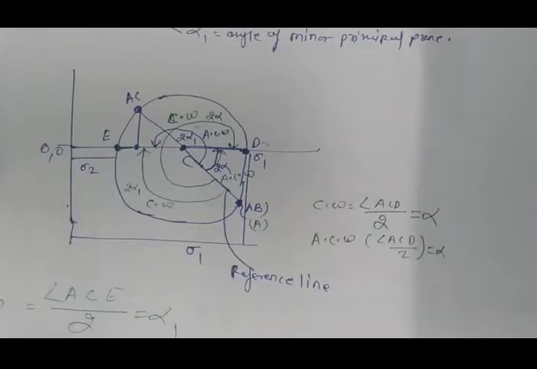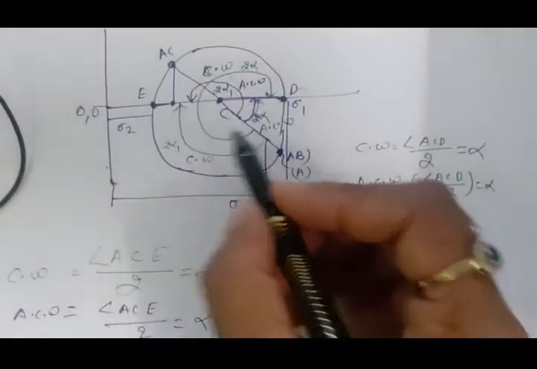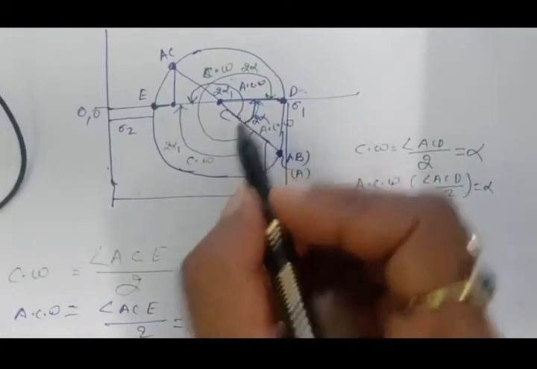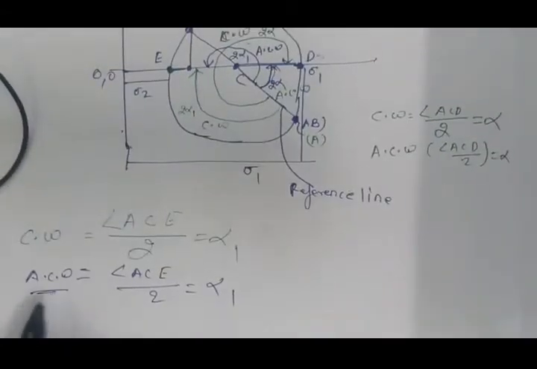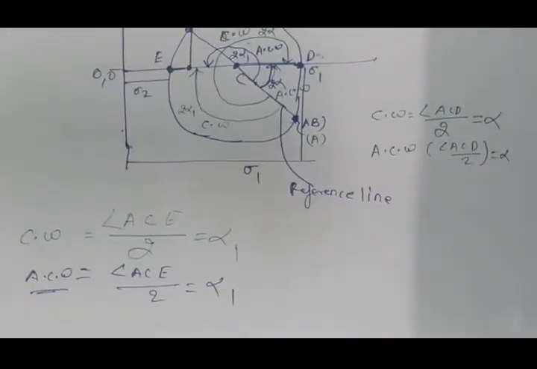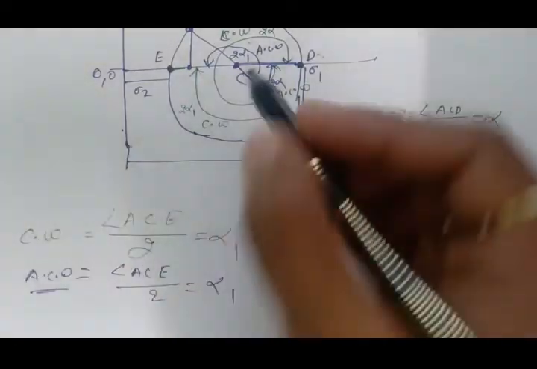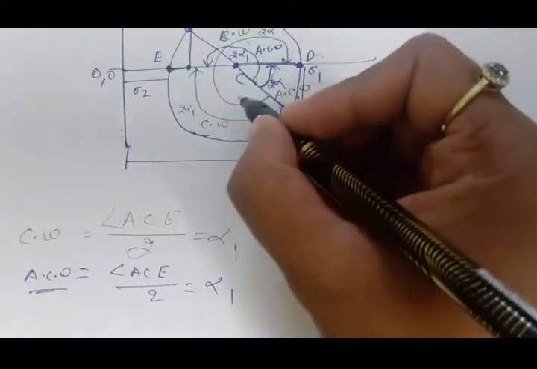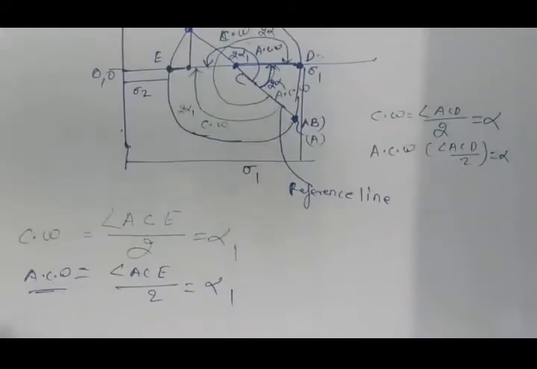So that also you can write, anti-clockwise. Whichever sense you go from this reference line, you have to mention it. This is very important: you have to mention whether you go clockwise or anti-clockwise in the answer sheet.